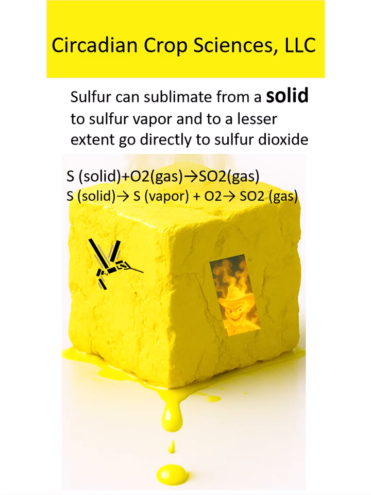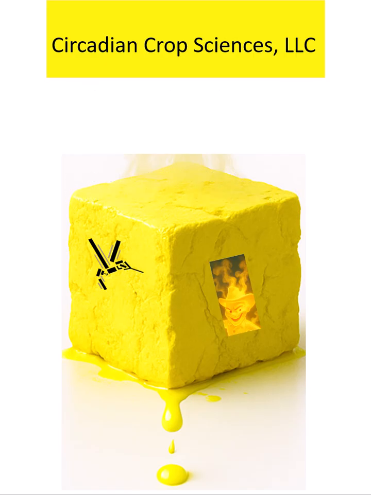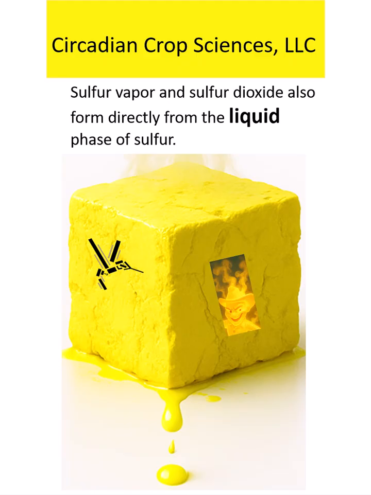Sulfur can sublimate from a solid to sulfur vapor and, to a lesser extent, go directly to sulfur dioxide. Sulfur vapor and sulfur dioxide also form directly from the liquid phase of sulfur.